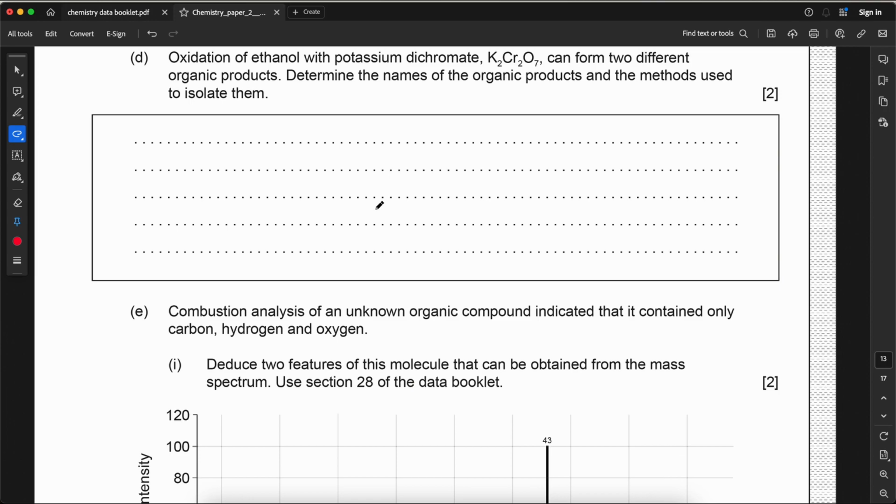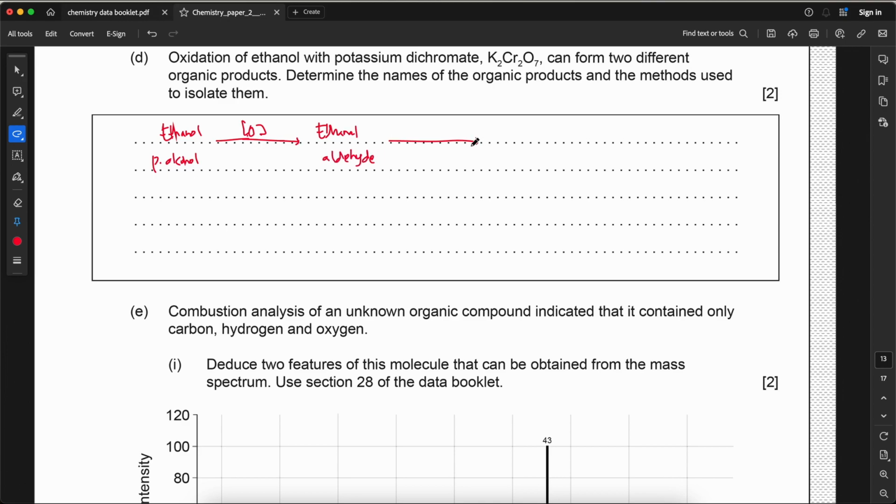Oxidation of ethanol with potassium dichromate can form 2 different organic products. Determine the names of the organic products and the methods used to isolate them. So ethanol is a primary alcohol. When we oxidize it, it will produce ethanal, which is an aldehyde.